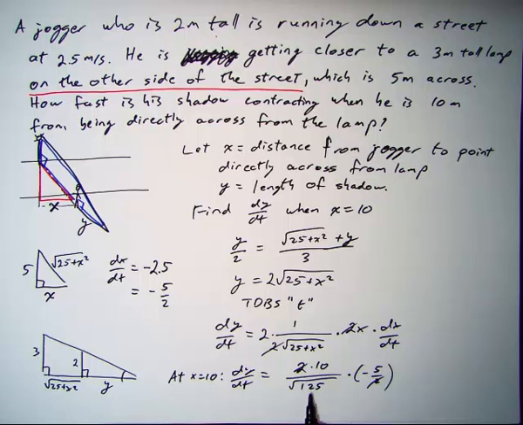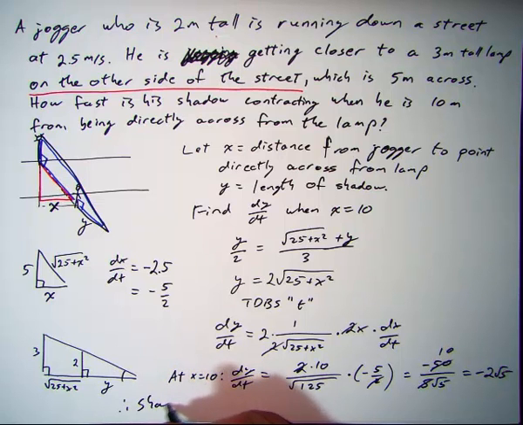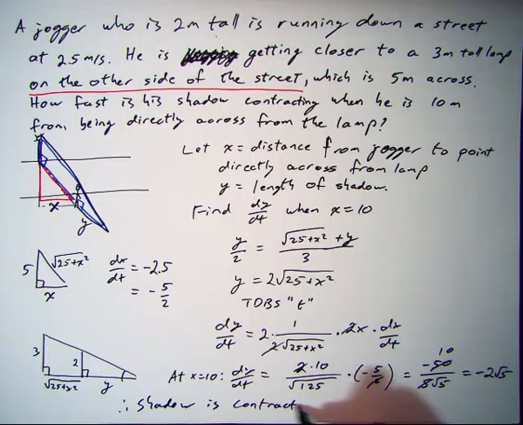The square root of 125 is 5 root 5, so I get negative 50 over 5 root 5, which will simplify at least a little bit. This goes in here 10 times, multiply top and bottom by root 5, and you get negative 2 root 5. Therefore, the shadow is contracting at 2 root 5 meters per second.